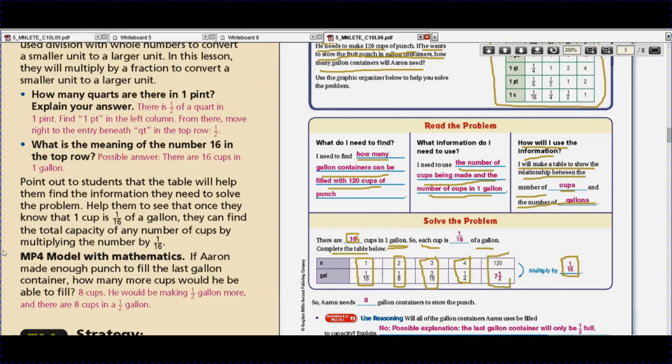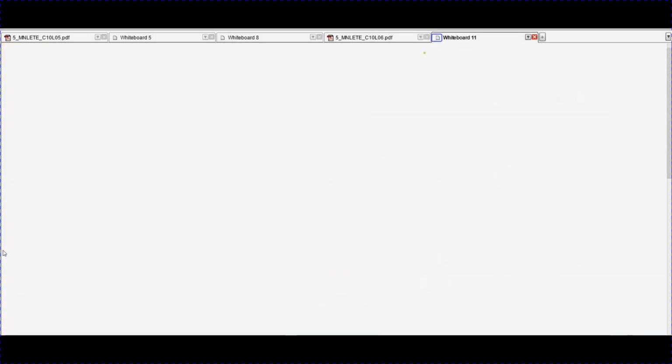120 cups equal what? So let's multiply it. 120 multiplied by 1/16. Or we can divide, because we are converting here from small to big, from cup to gallon. So we can divide 120 divided by 16.